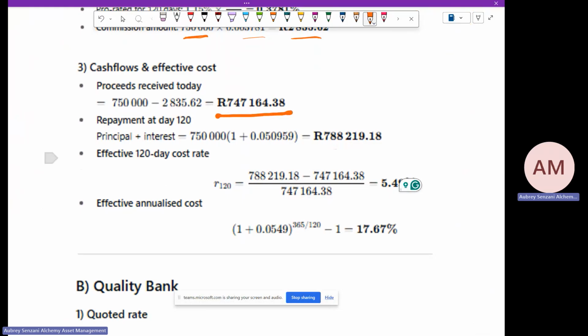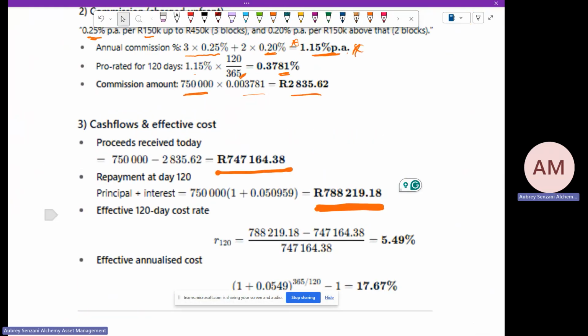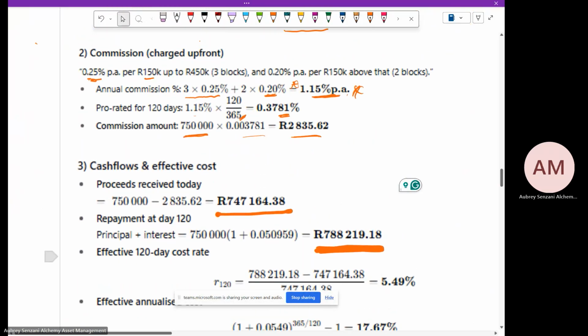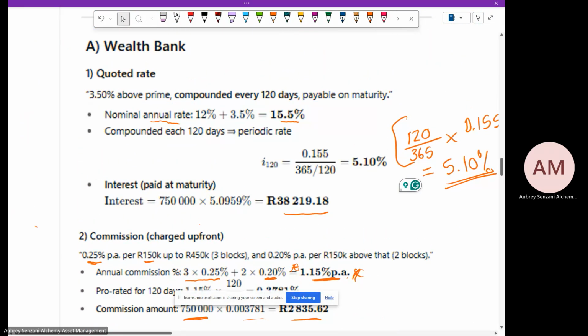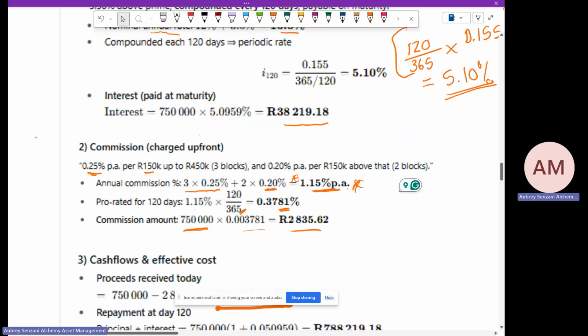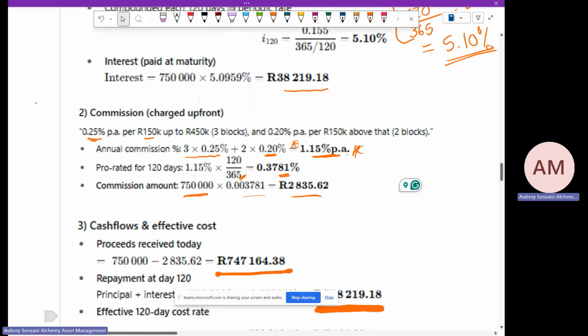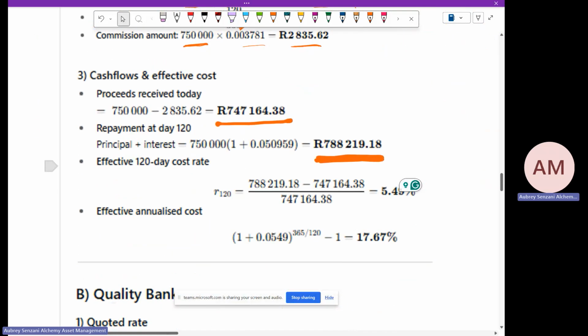So 1 plus, okay, you then are getting your total principal plus the interest that you're paying. This question was a hectic one because you needed to apply yourself. You guys must pray. I must set these things for you guys.